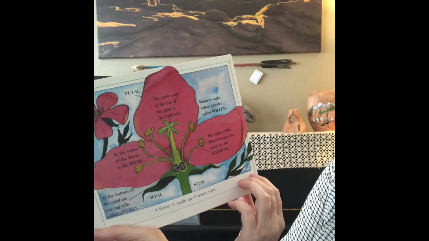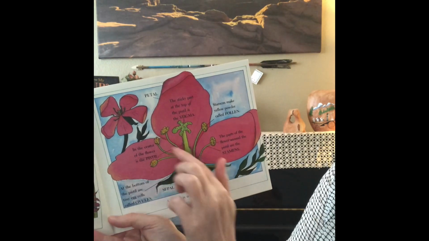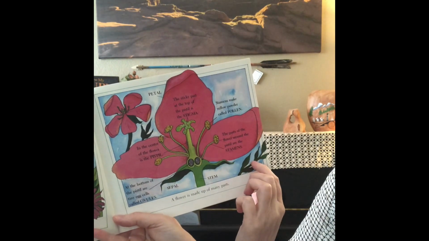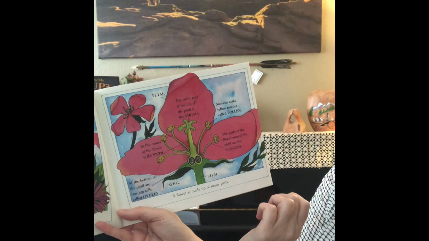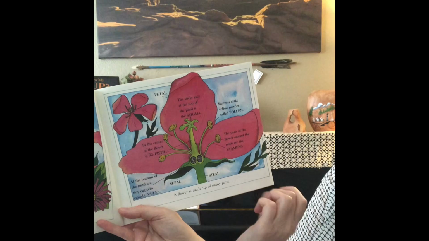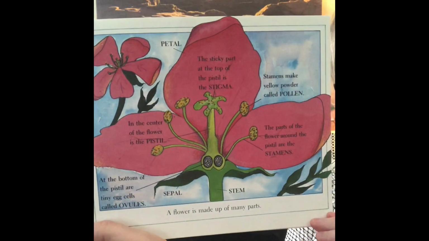The part of the flower around the pistil, these little parts over here, are the stamens. Here are the different parts of a flower.